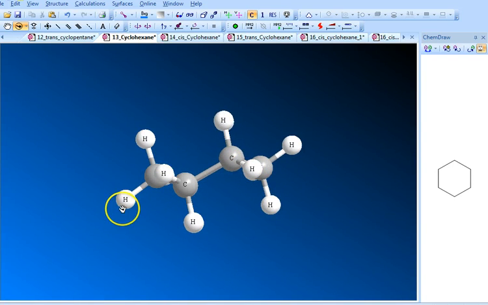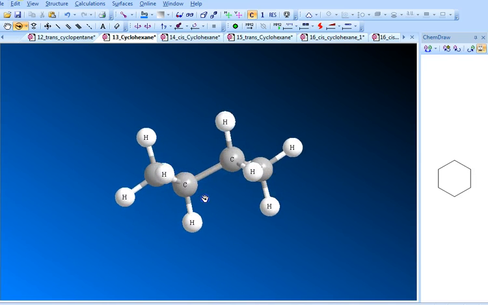This is something like an accessory at the back, but it looks like a chair here, and that is the reason why it is called the chair conformation. Now if you take this carbon and rotate it slightly, you get a boat conformation, because you'll have a shape that looks like a boat.